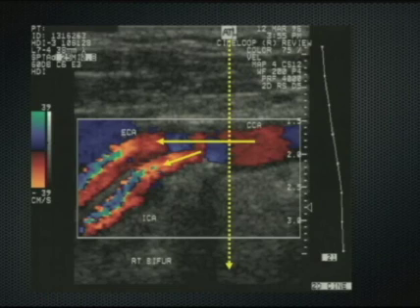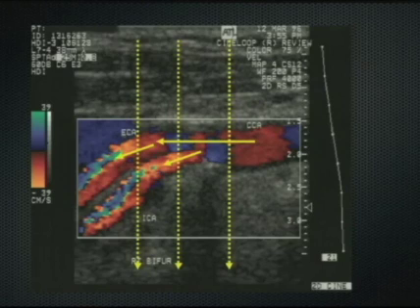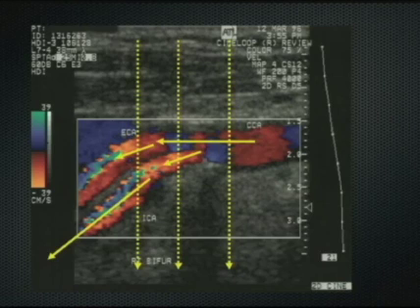As we go a little bit further, we can see that the Doppler angle becomes slightly smaller in the proximal internal carotid artery. We see somewhat less saturated colors, which indicate higher Doppler frequency shifts being detected at this point. And then as we go a little bit further, we see that the Doppler angle becomes even smaller, and we begin to see aliasing within both the external and internal carotid arteries.